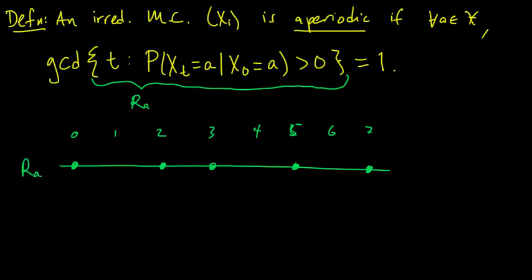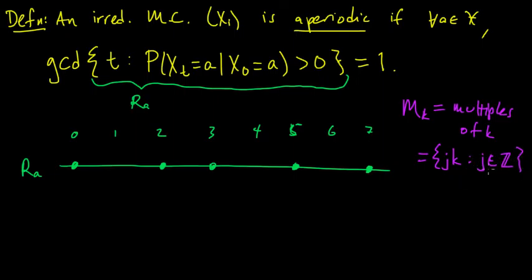And now let's also define the sets MK, to be the multiples of the integer k. So k will be a positive integer. In other words, this is just all the numbers jk, as j ranges over all the integers. It doesn't make a difference. So these are all the integer multiples of k, where k is some positive integer.